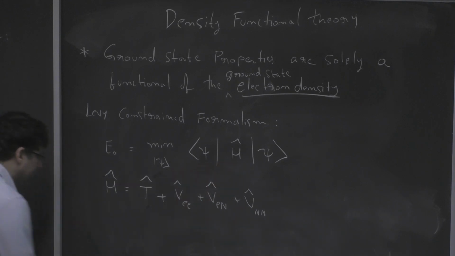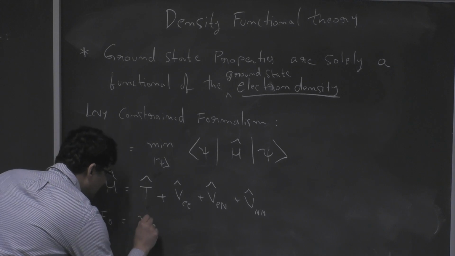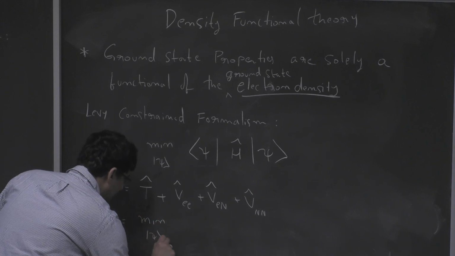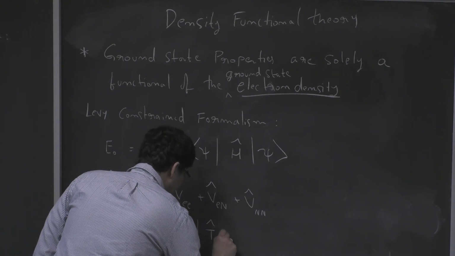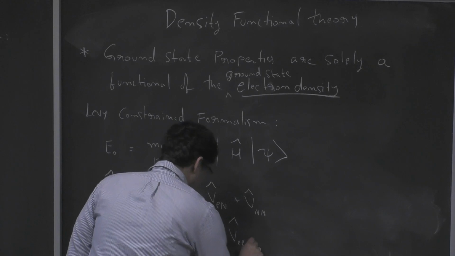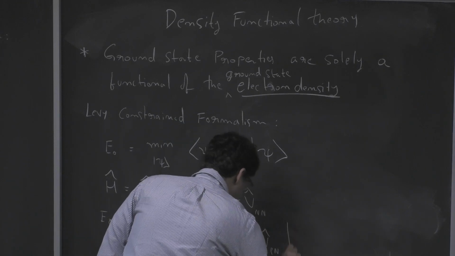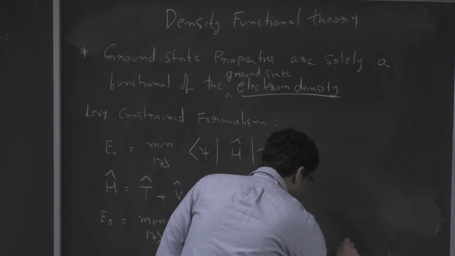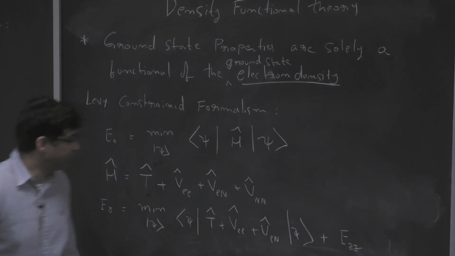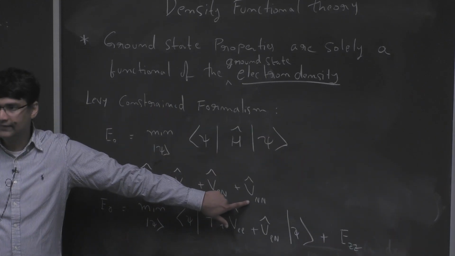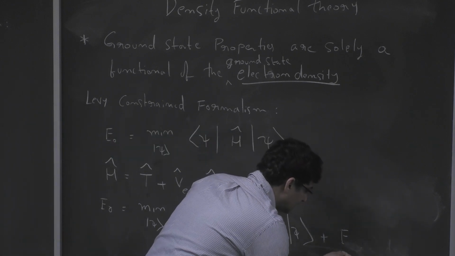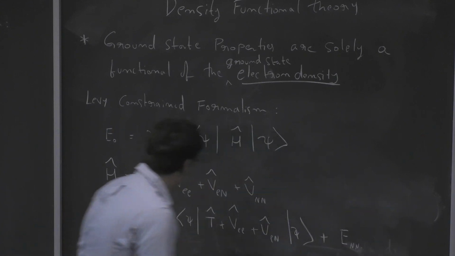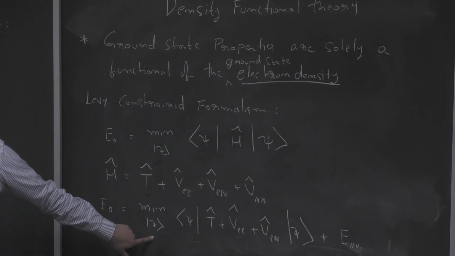Okay, so now I can write E0 as minimizing over all admissible wave functions psi of psi T hat plus V_EE plus V_EN plus, I'll write E_ZZ, because as I told you, in the Born-Oppenheimer approximation the wave function is not explicitly dependent on the positions of the nuclei.